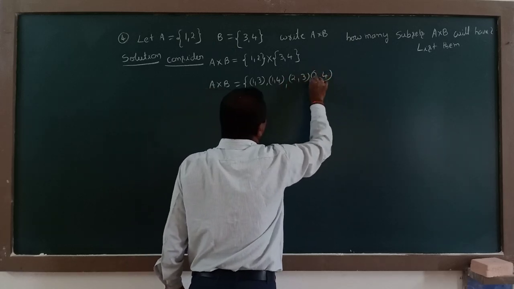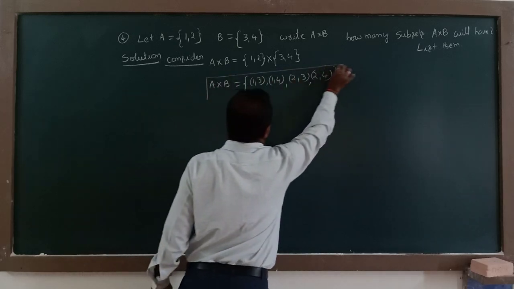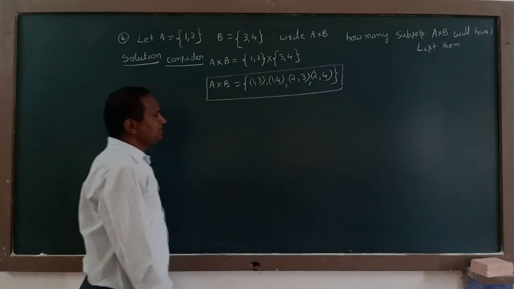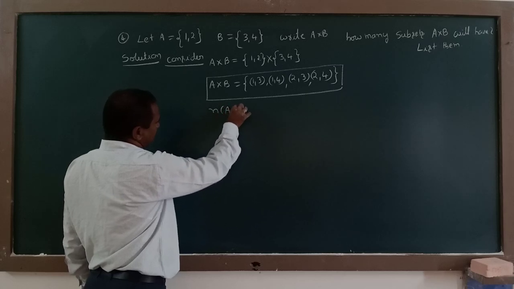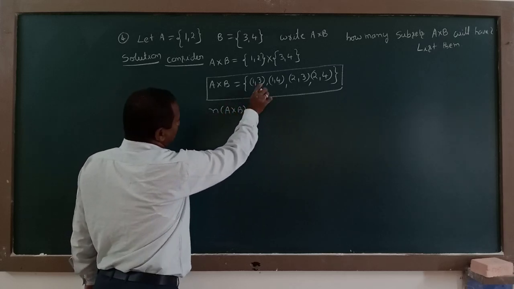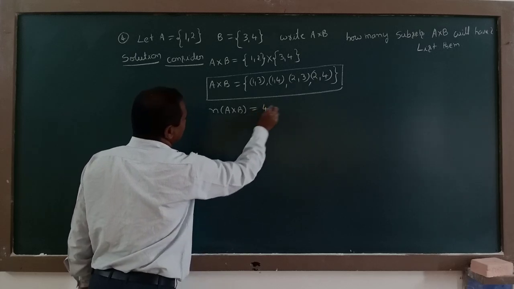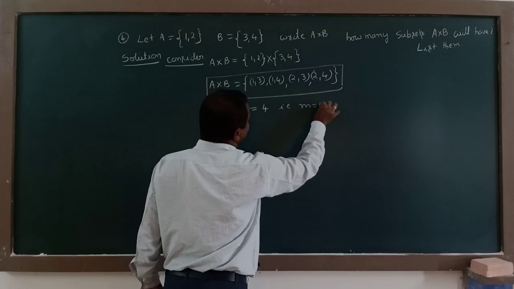That is A cross B. At the same time, we need n of A cross B also, which is 4. We can write small letter m is equal to 4, as we considered.